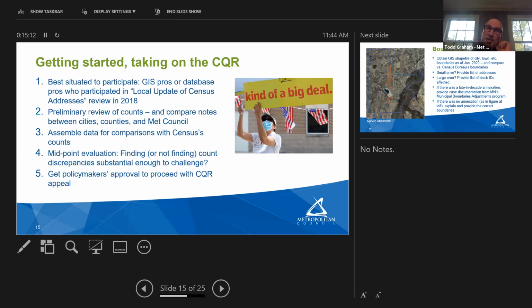The training and assistance that we're going to offer will concern how to substantiate problems, how to bring together evidence that the Census Bureau would be willing to consider, evidence that will not be dismissed or disregarded based on, let's call them, technicalities. Lots of good stories about technicalities at Census Bureau. But finally, we're going to be offering, as I said, a few data resources to assist the local governments in problem spotting and in substantiation.